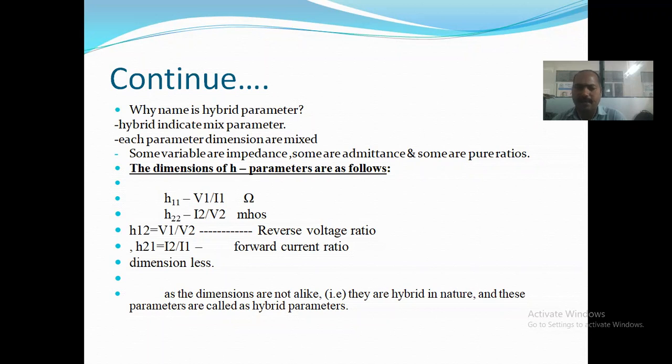That's why the parameters of the transistor are called hybrid parameters. Why is the name hybrid?